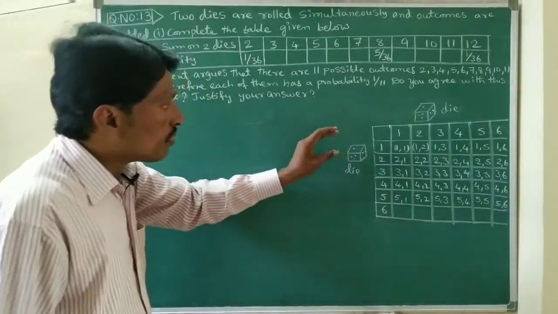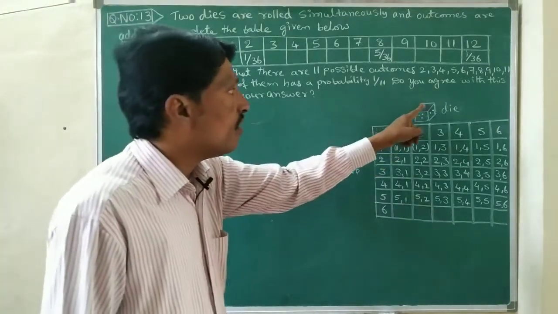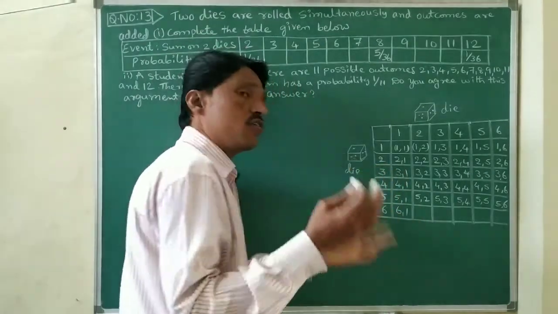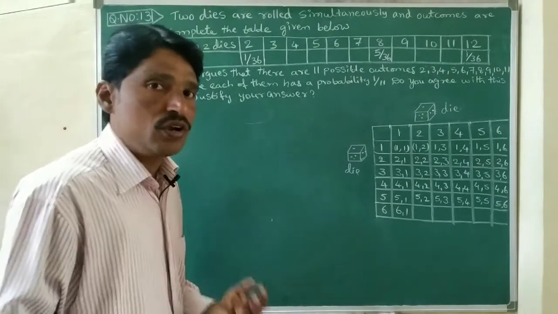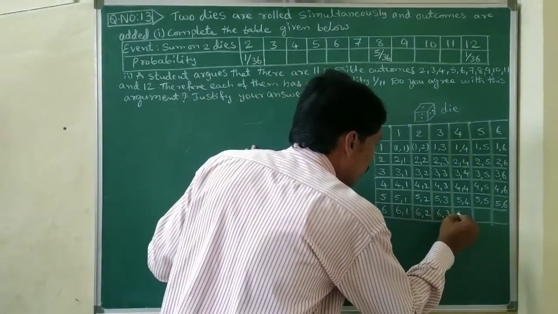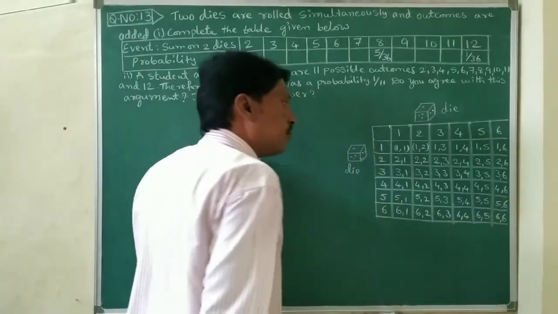Now lastly, here on the top face we are getting digit 6. Here we are getting 1 in the first case. So 6 comma 1. We are assuming the possibilities like that here. 6 comma 2, 6 comma 3, 6 comma 4, 6 comma 5, 6 comma 6.